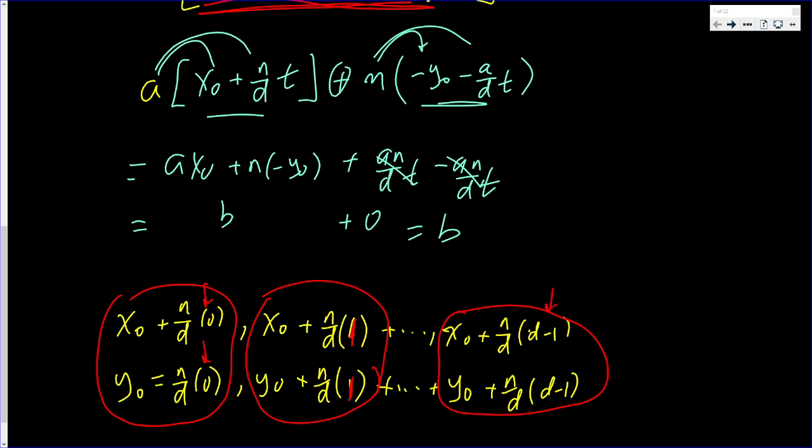There are d minus 1 solutions with t from 1 up to d minus 1. But let's not forget to add on the number 0.